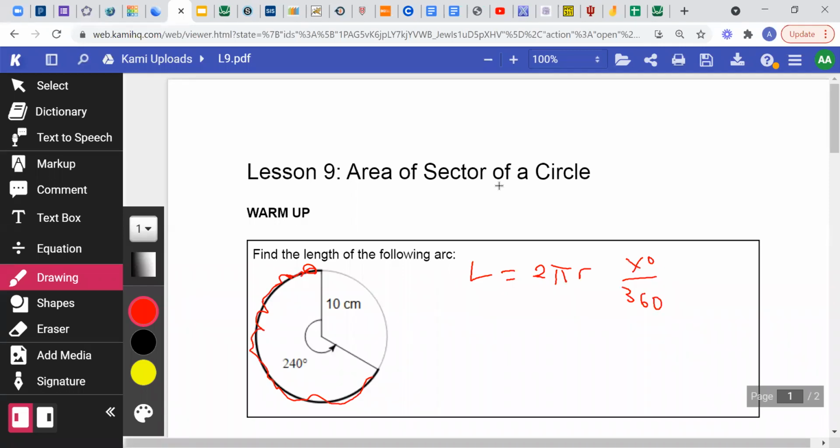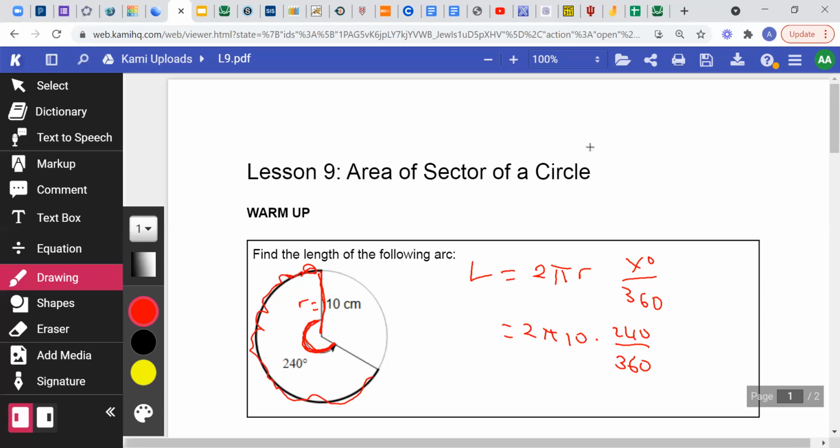Here, r is the distance from any part of the circle to the center, which is the radius. Here the radius is 10, and x is the angle measure around the particular arc length that has been chosen. So here we have 240 divided by 360.